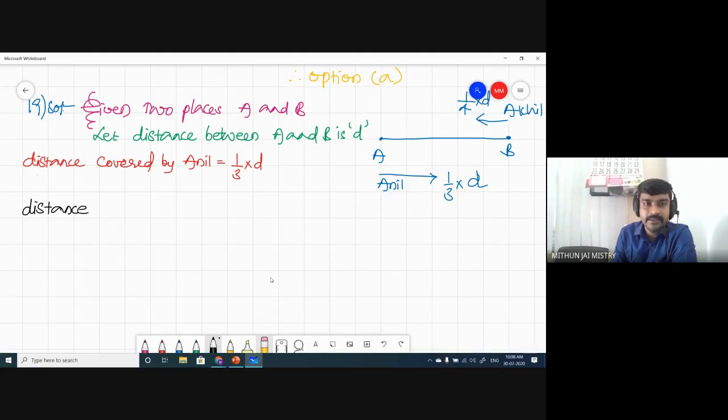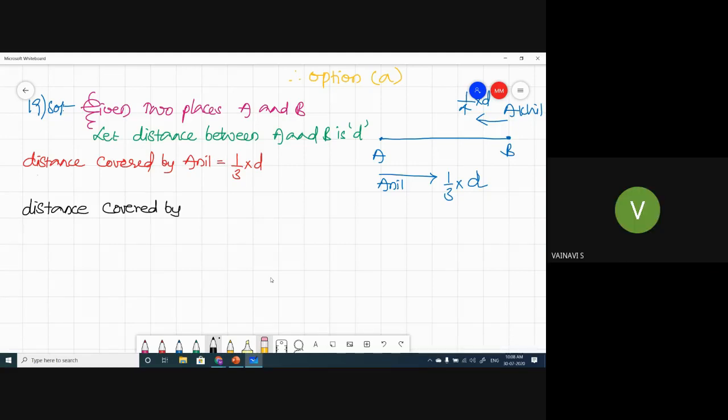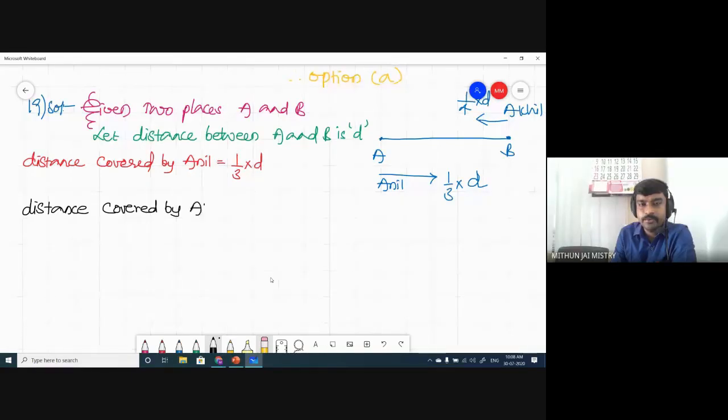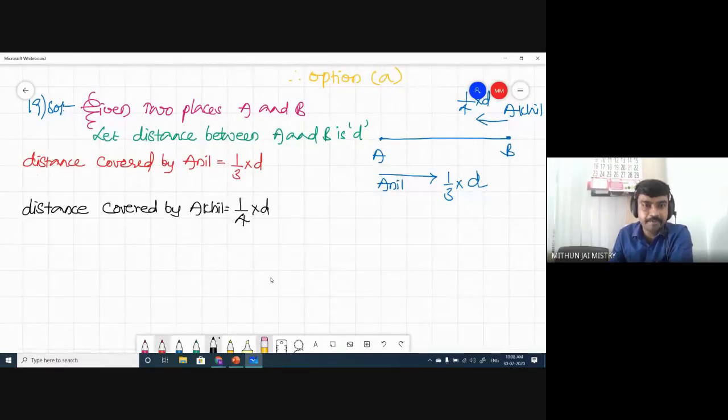What is it? 1/4 into D. Yeah, very good. Now, very important: we have the distance covered by Anil, 1/3 into D, and here we have 1/4 into D.